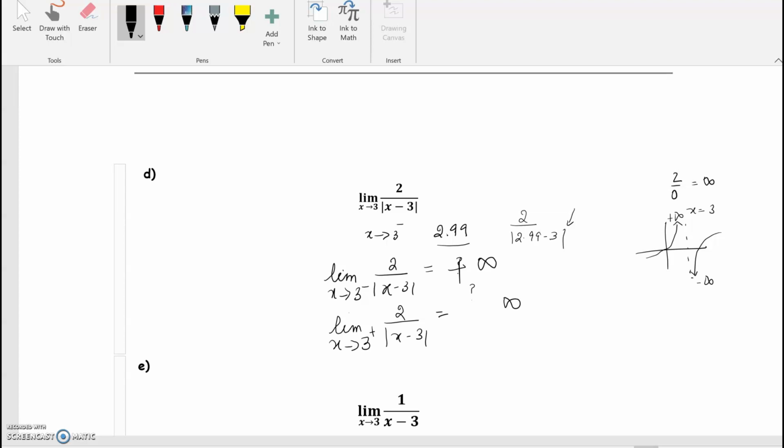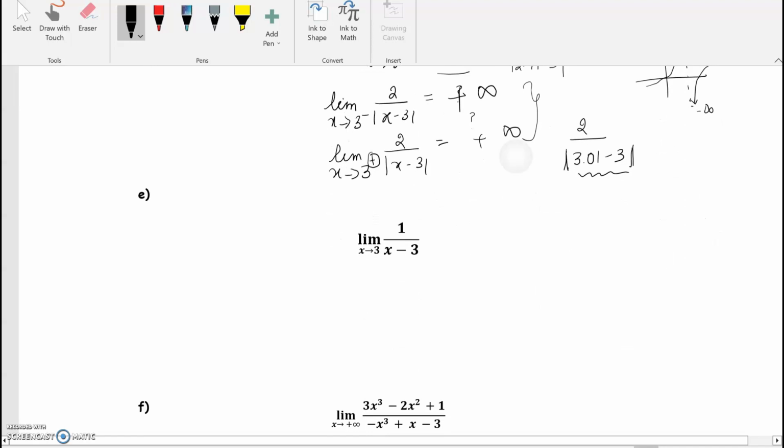Since I'm approaching 3 from the right, I look at a number to the right of 3, and a number to the right of 3 is 3.01, for example, something close to 3 but to the right of 3. And no matter what the sign of the inside is, it's always going to be positive because we're taking the absolute value. So that is positive as well. Since these two match, the limit is positive infinity.